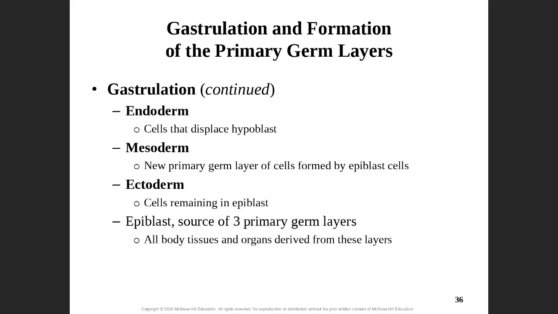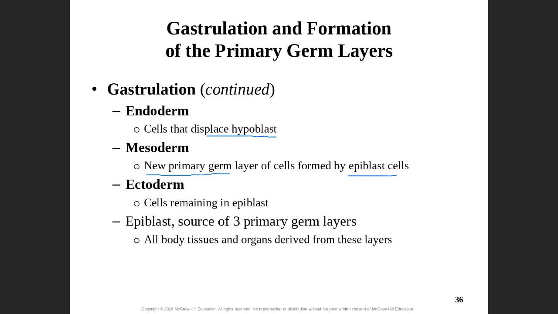The bottommost layer we'll refer to as the endoderm, and these are the cells that are going to displace the hypoblast layer, that lower layer there. The mesoderm, this is brand new. We haven't seen this before, so it's a new layer, and it pretty much comes from those epiblast cells that have pushed their way down. I'll show you a nice picture here in a moment.